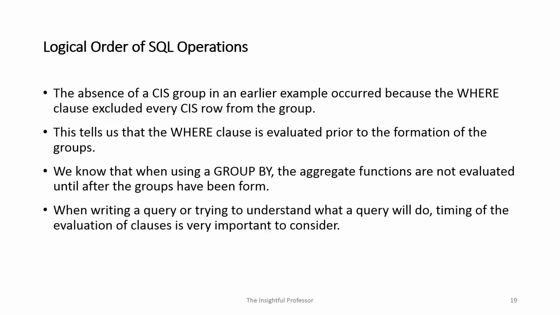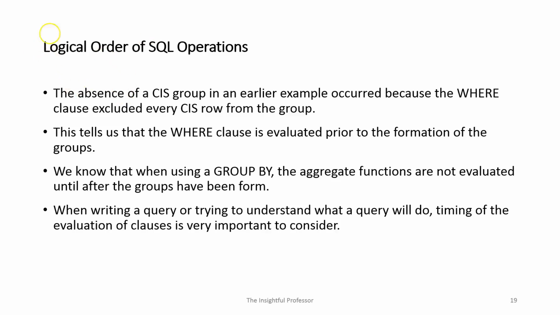Now, we've been suggesting there's a specific order in which the clauses are going to evaluate. We want to take a step further here and formalize this. This may or may not be exactly what transpires under the hood as the system does its thing. But keep in mind, if we understand this as being the logical order in which the events occur, it gives us a better grasp of how the query will execute and hence what it will produce, but also a better understanding of a step-by-step approach of how to write the query.